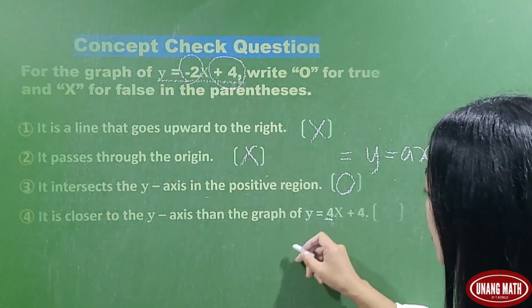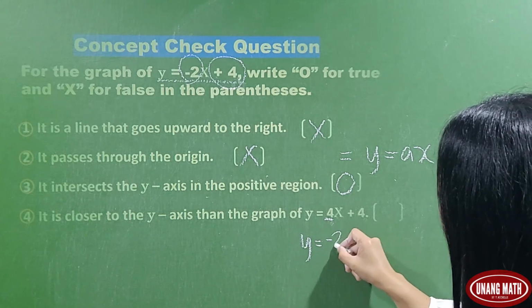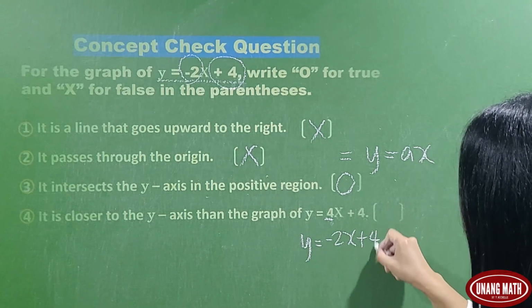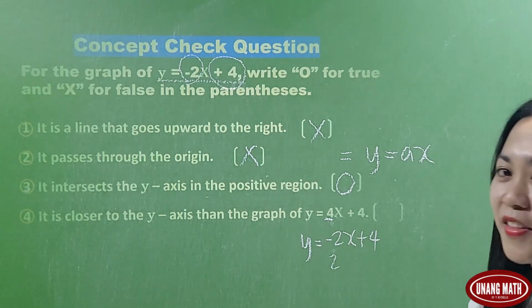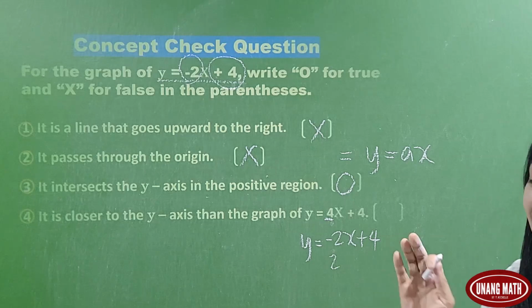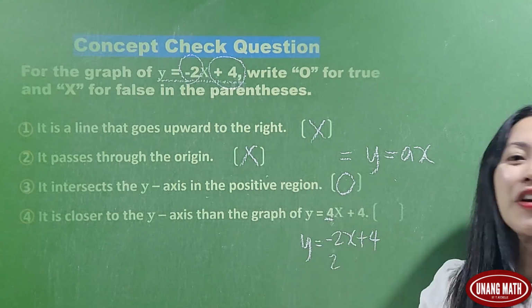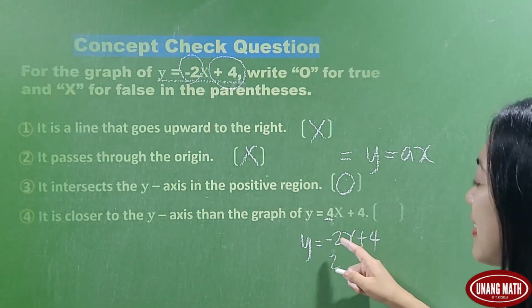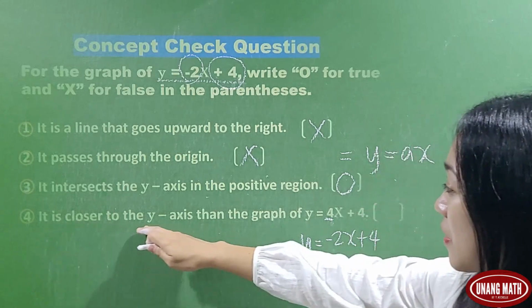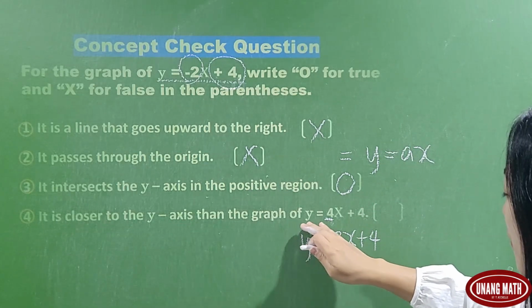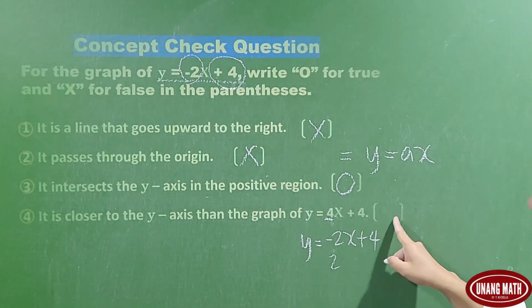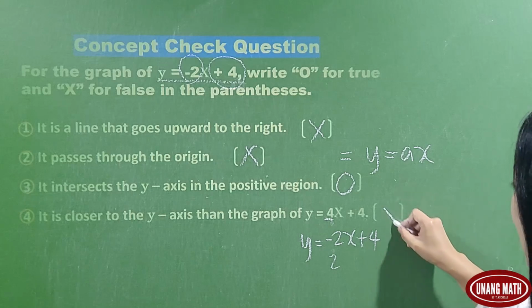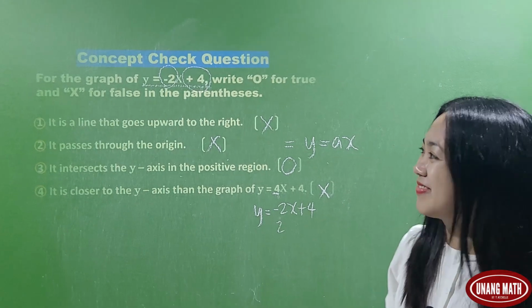But in this function, y is equal to negative 2x plus 4. Absolute value of negative 2 is positive 2. The larger the absolute value, the closer it is to the y-axis. So, is it closer to the y-axis than the graph of y is equal to 4x plus 4? Then this sentence is false.